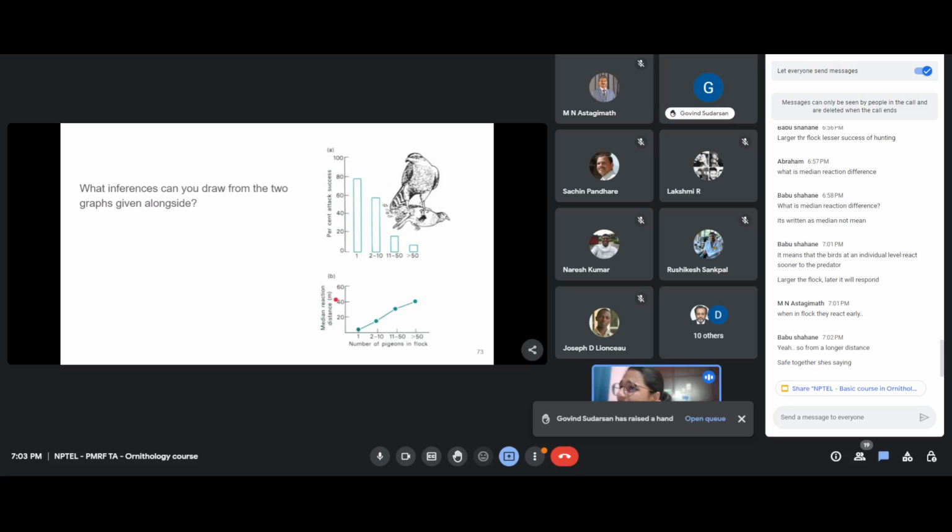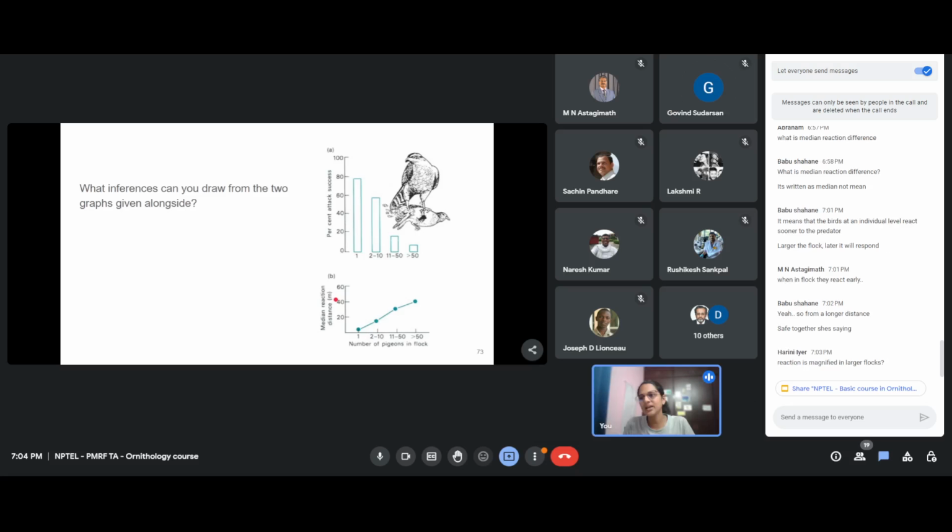Because reaction is magnified in larger flocks. Yes. I'm going to just modify that a bit. Reaction is quicker.